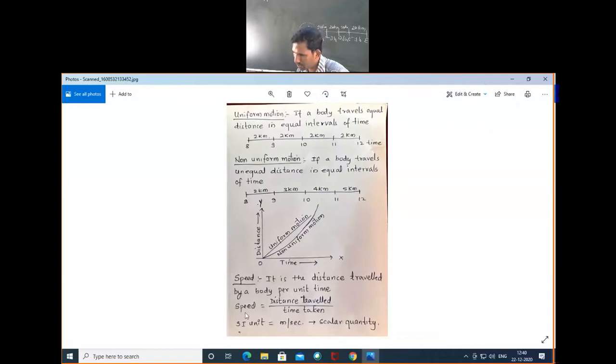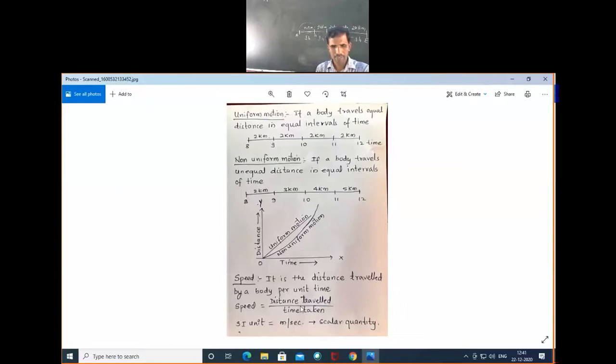Solve it. I'll send it through the WhatsApp group. You solve it.